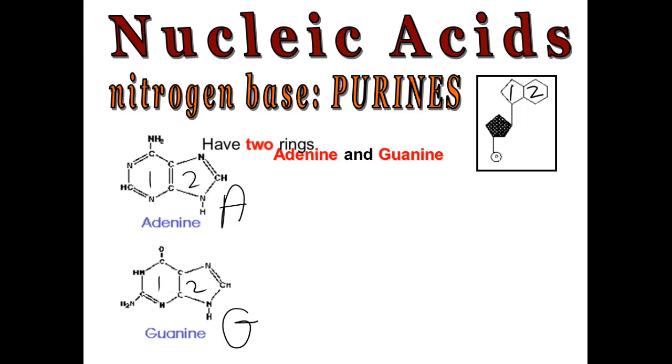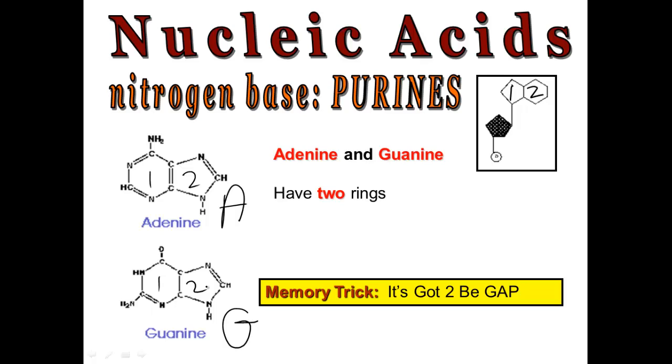So adenine and guanine are both purines. The memory trick I use to remember is it's got to be GAP. Why two? Because two rings. GAP: guanine and adenine are both purines. Anything with two rings, GAP. Now, you find adenine and guanine in DNA, and you also find adenine and guanine in RNA.